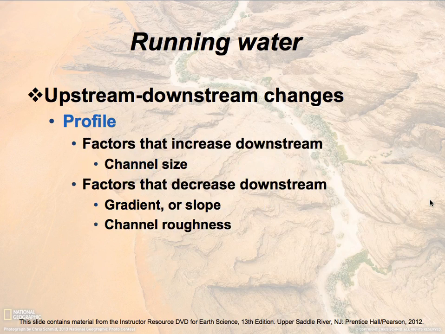Channel size typically increases downstream as more water is moving, as tributaries and streams add water to a stream channel. The discharge will increase, and usually the channel size will increase proportionately. Factors that decrease downstream: gradient or slope decreases, and gradient or slope controls velocity.